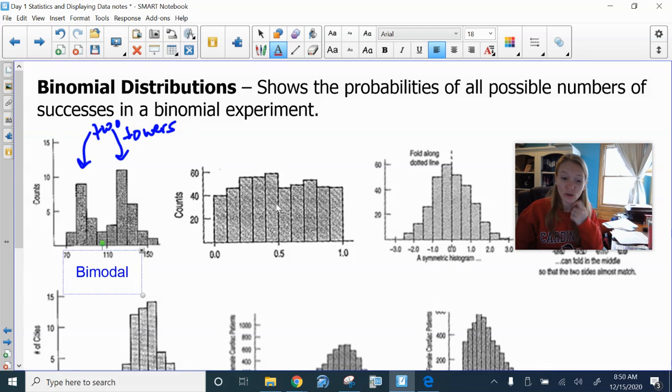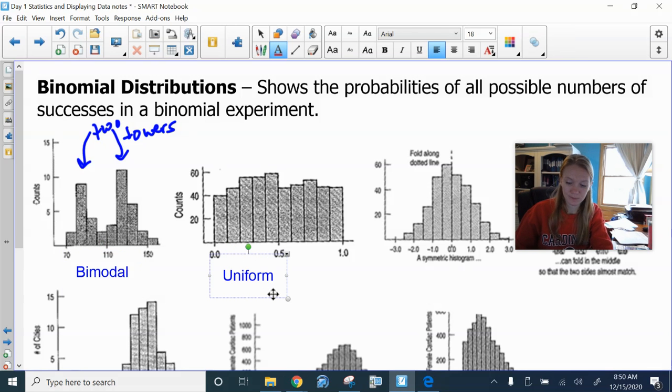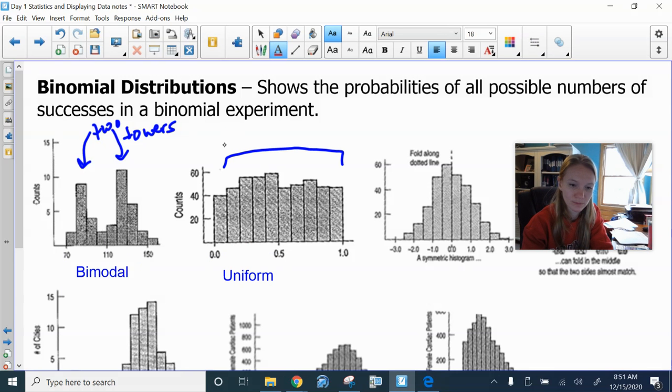The next one is pretty much a uniform. It's all pretty much even. So we can see it's mostly the same.